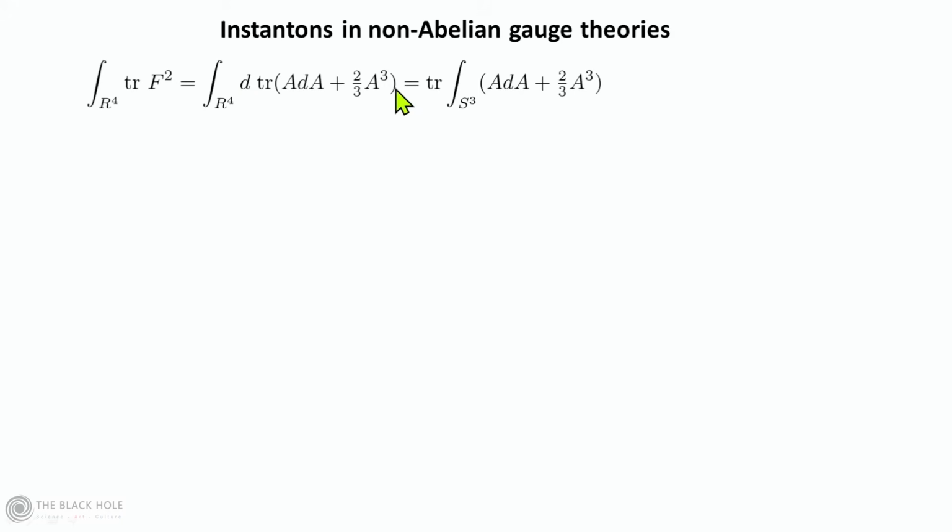So D of this. Okay, but now I can use the fundamental theorem of calculus, or Gauss's theorem, or whatever you want to call it. Take the D outside, and I have A dA plus 2/3 A cubed. And this is now over the surface which bounds R4.